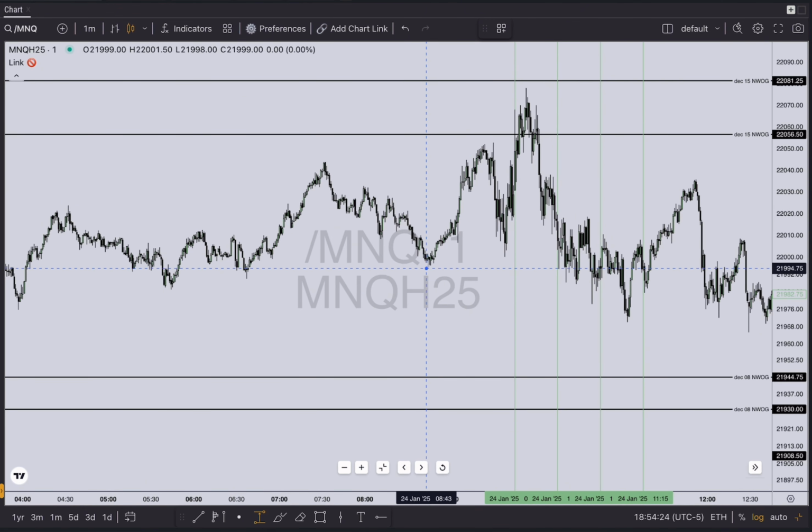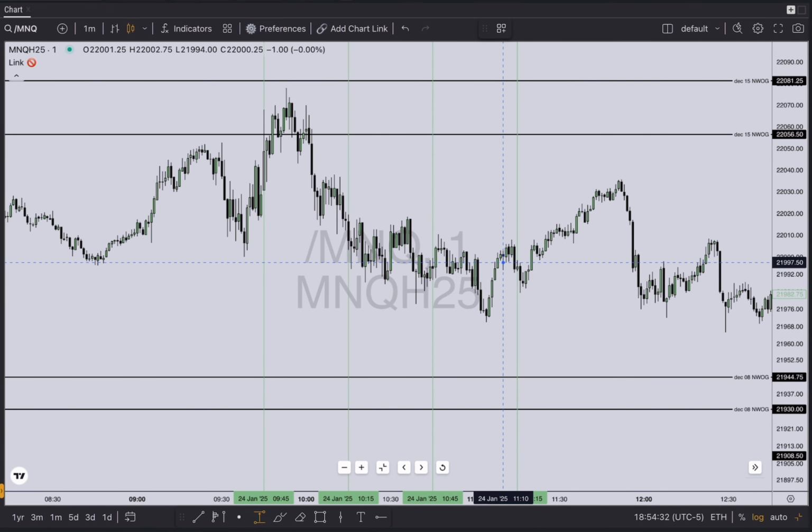There was equal lows here, here. We can see all of these sell side liquidity pools here that price wanted to target. But before, in that first 30-minute interval from here, let's say 9:30, we can see how there was this false move taking out traders.